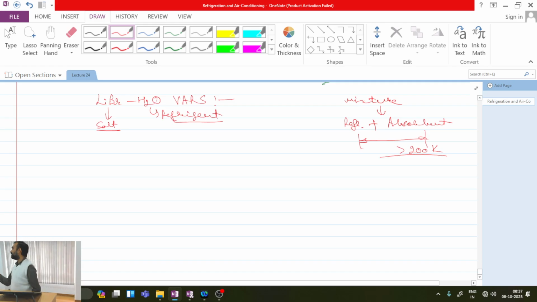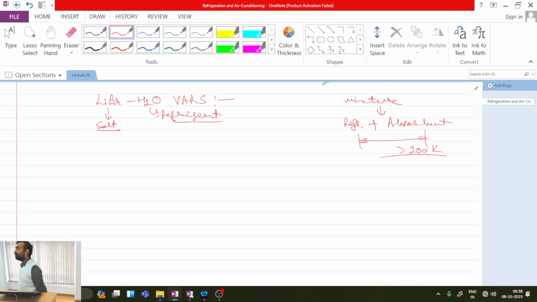If we keep our normal salt box open, after some time we see it is capturing moisture. So salts typically have an affinity to capture water vapor. If I use water as refrigerant, then at the exit of the evaporator I will have water vapor, and if I use lithium bromide salt as my absorber, this salt will immediately try to capture the water vapor. Is this point clear?